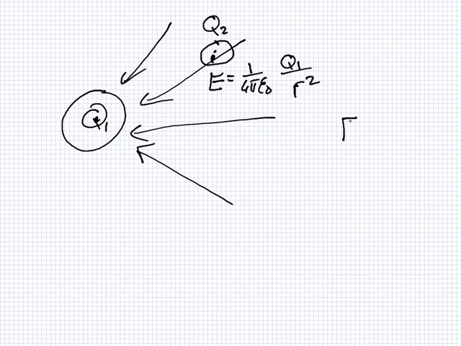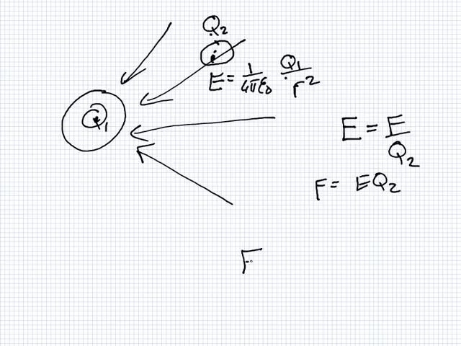The force, or the E, another formula you have is F over Q. So you know as well that F equals EQ2, in this case Q2. If we use this formula, we get 1 over 4 pi epsilon 0 Q1 Q2 over R squared.